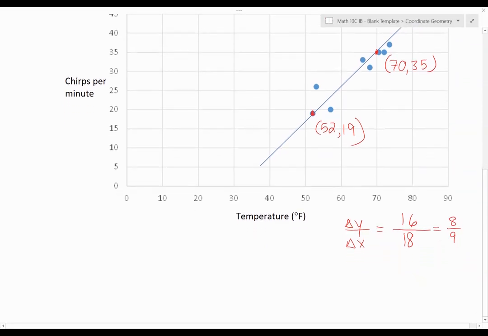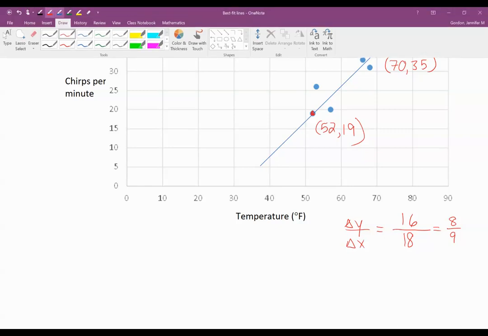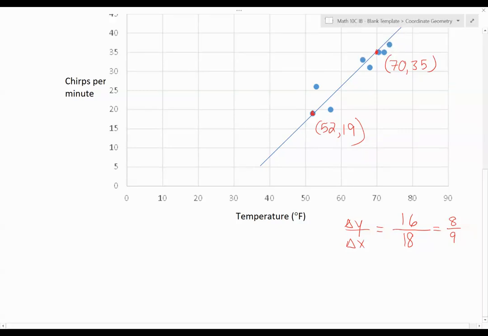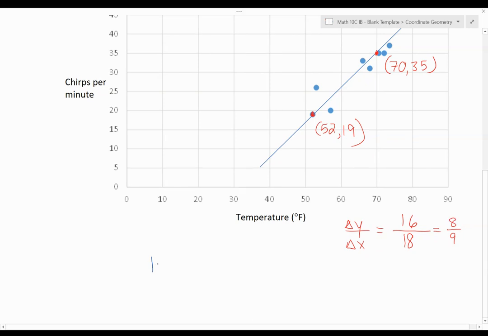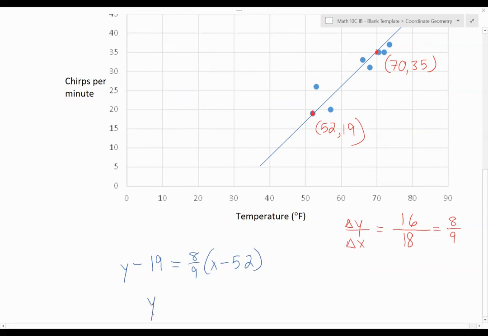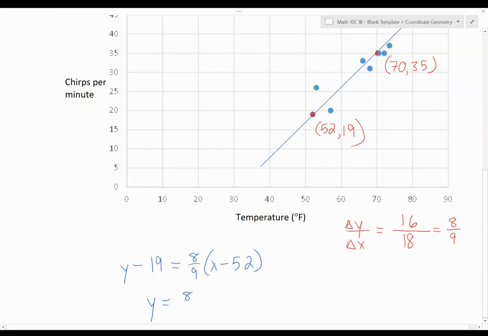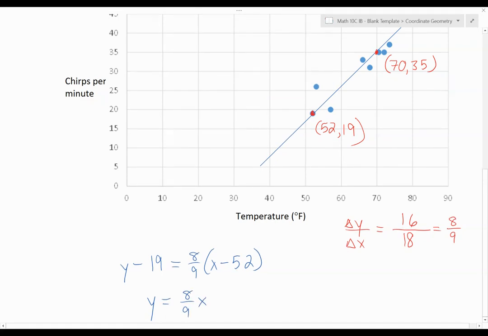So now from there, let's find the equation of the line. I'll use the point (52, 19). So y minus 19 equals 8/9 times x minus 52, which means that y equals 8/9 x. Now this is the part that's going to be kind of an ugly fraction, but I have 8/9 times 52, which is negative, and then I'm going to add 19 to that.